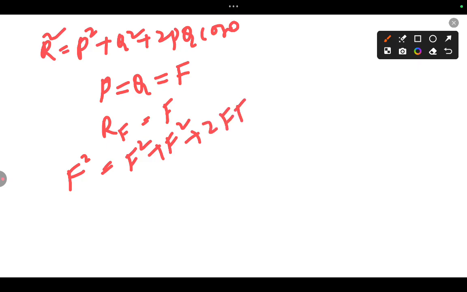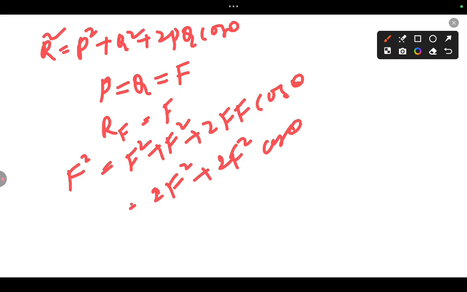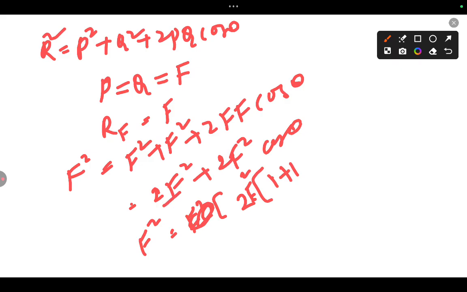Then plus 2F square cos theta. So in this condition, F square equal to 2F square times (1 plus cos theta), with F square common.